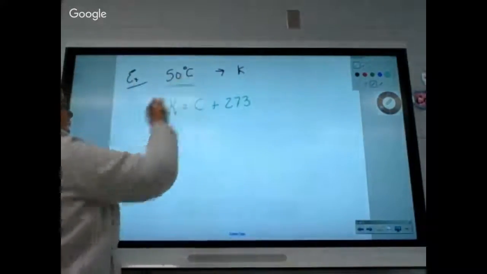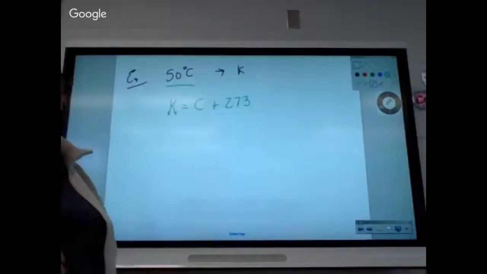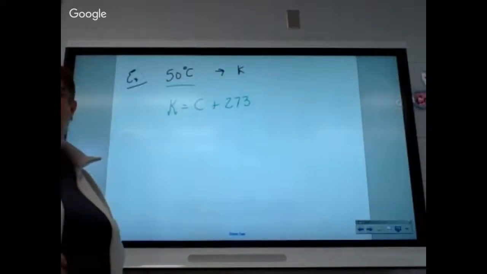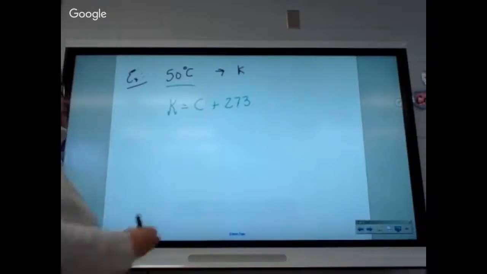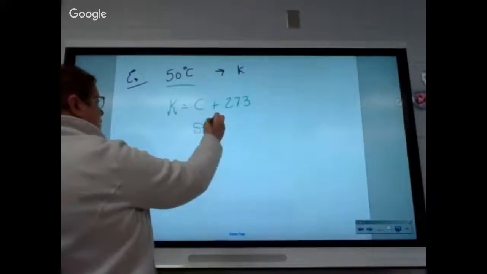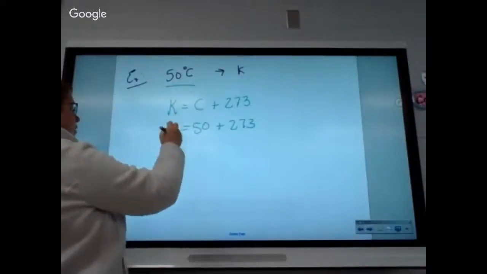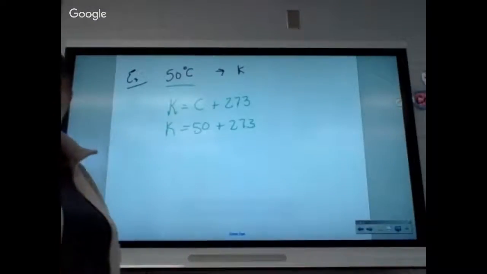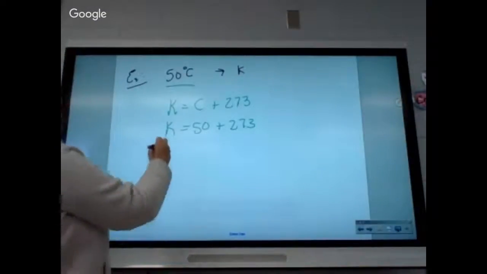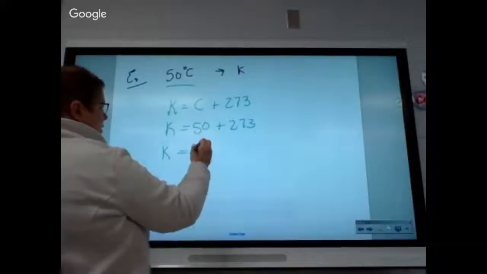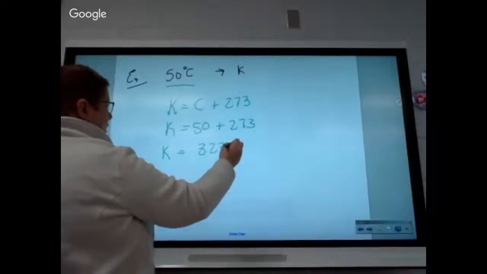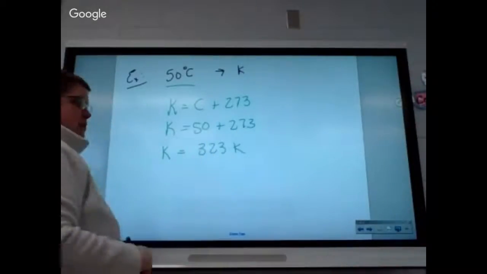So the number I gave you is 50 degrees Celsius, so I would plug it in where? For the Celsius, so I'd plug it in for C plus 273, and I'm looking for K. So all I'd have to do is do what? Add 273. So K equals 323, and then I'd write K on the end because that's my unit for Kelvin.